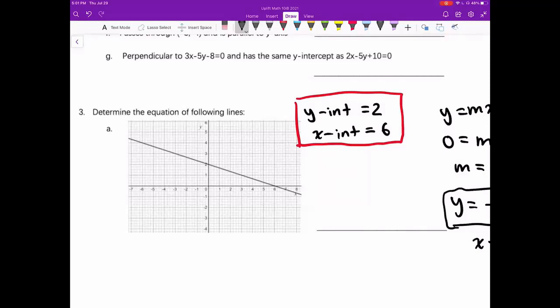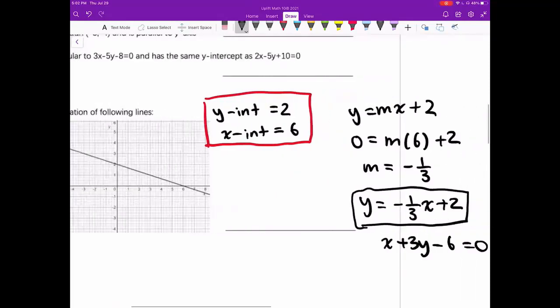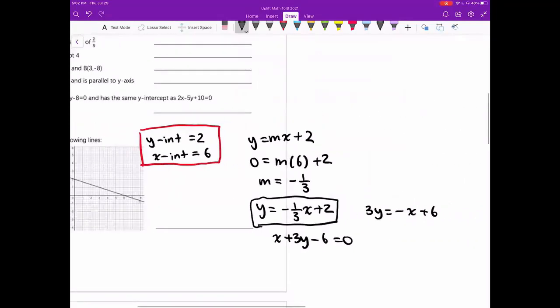Yeah. Okay. And then you use that coordinate and substitute to get the slope. Yeah. Like this one?